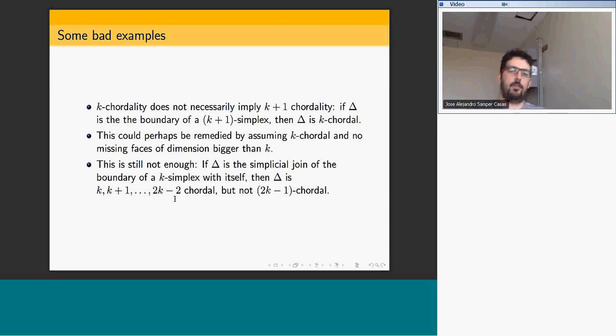But the point is, even if I fill all I can fill, and all my missing faces are in dimension k or less, I can still have problems. So for instance, the simplest thing that we can do: take the join of the k simplex with itself. The simplex with two k vertices has two minimal missing faces, which are two disjoint faces of dimension k plus one.